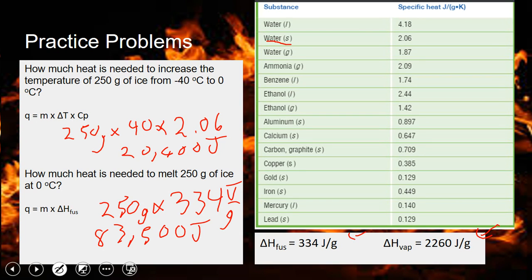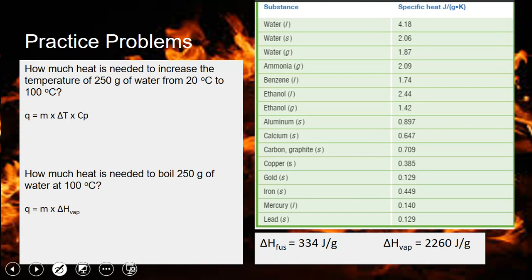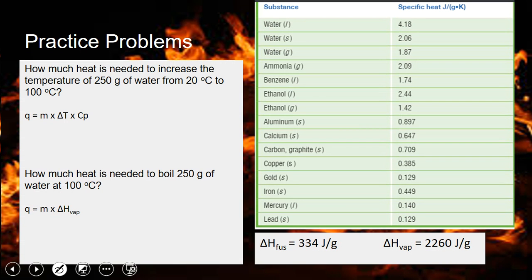All right. So on this next one, how much heat is required to now bring 250 grams of water from 20 to 100? So let's say you want to boil 250 grams of water. It's at room temperature, and you want to go up to 100. That is using the part of the graph here, 3. We're heating up liquid water. So we are going to use the specific heat part.